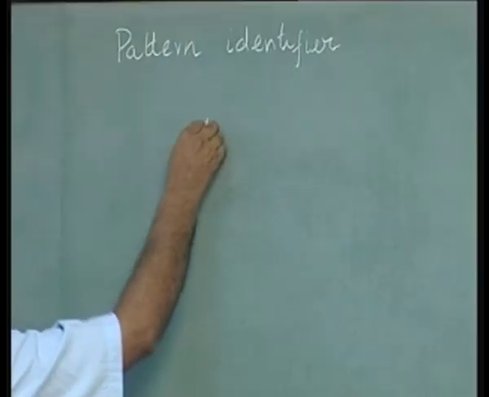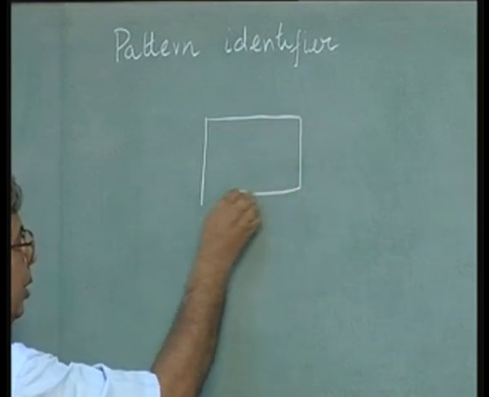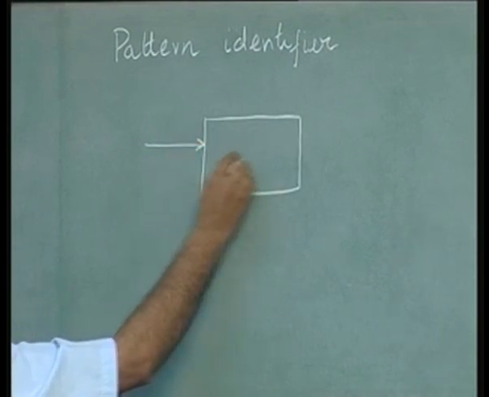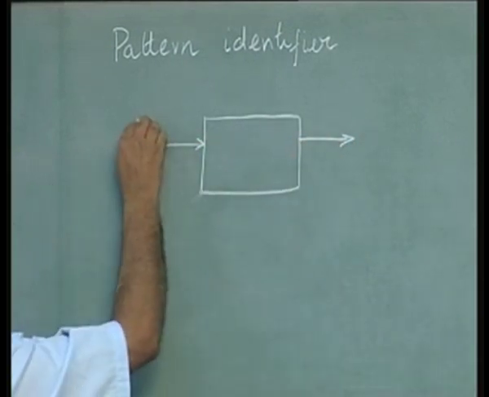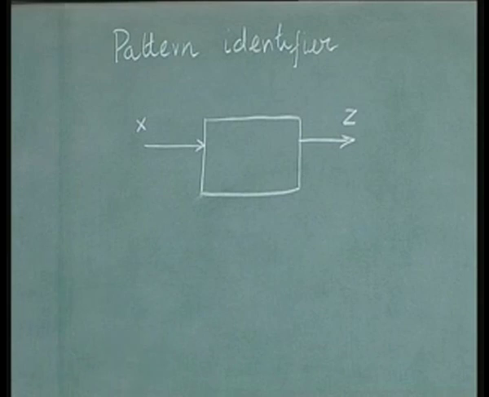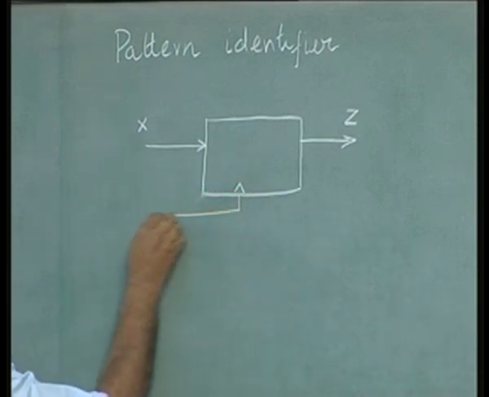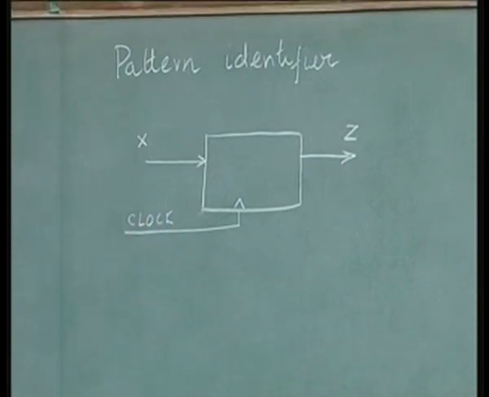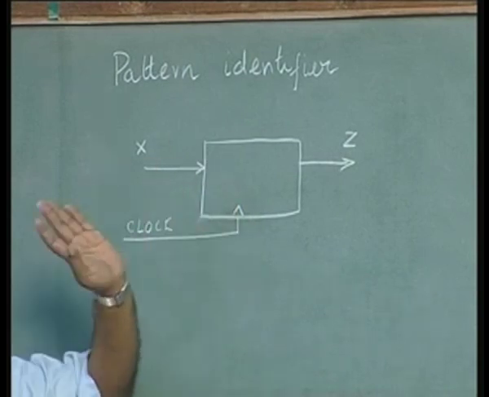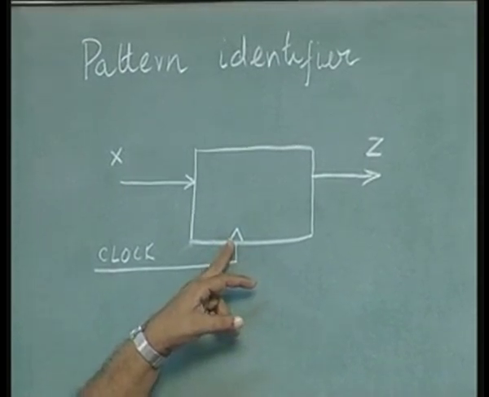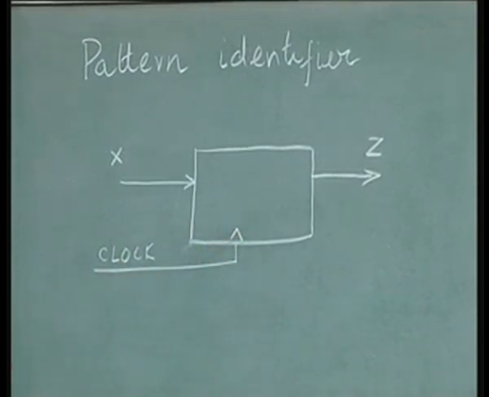Basically, the circuit should consist of a single input, I am making it simple for you, and a single output. I will call the input X, I will call the output Z, and there is a clock. With every clock pulse or clock edge, because as I said in my last lecture on flip flops, this arrowhead points to an edge triggered flip flop, positive edge triggered flip flop.